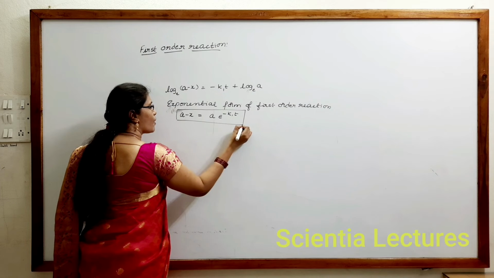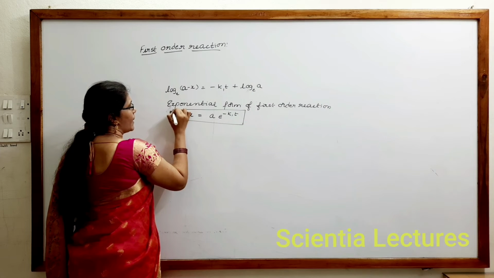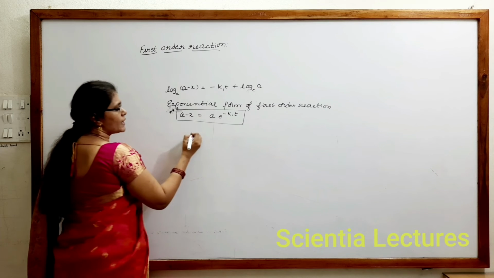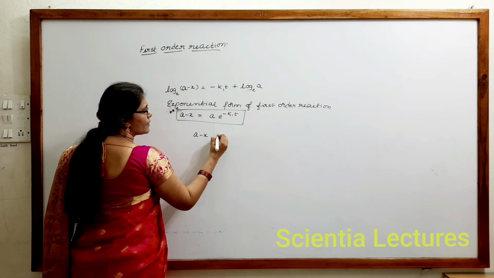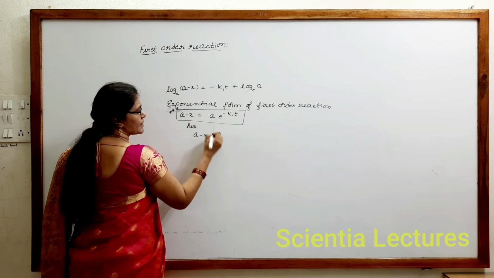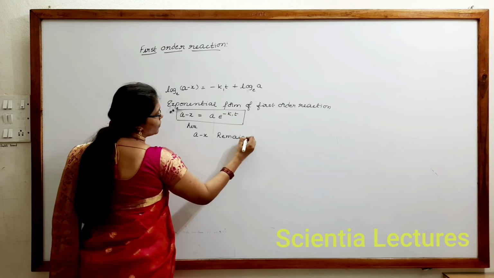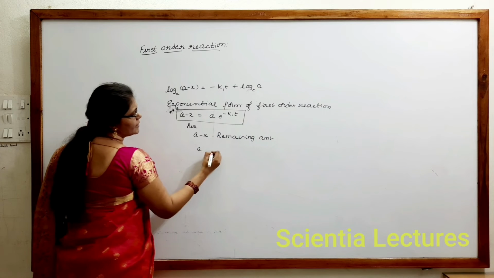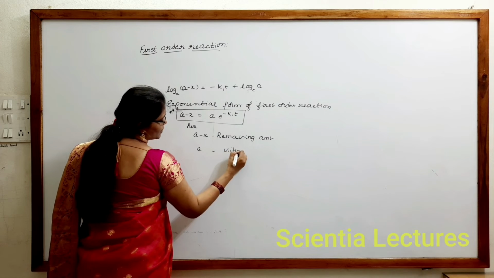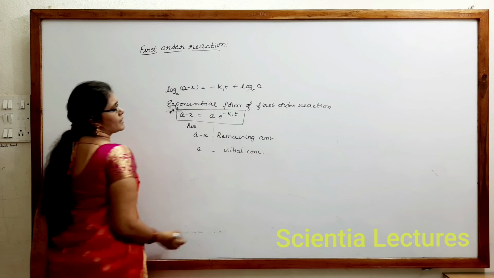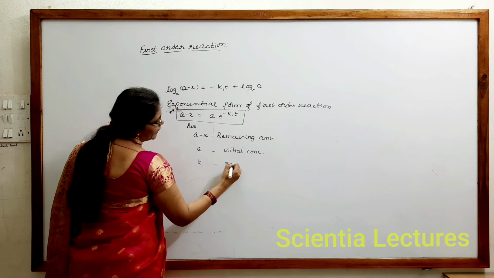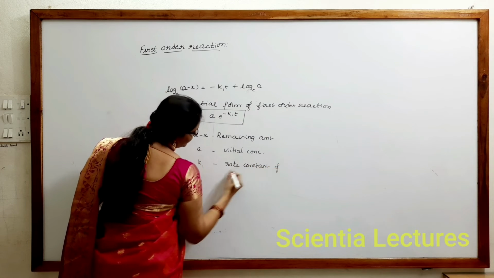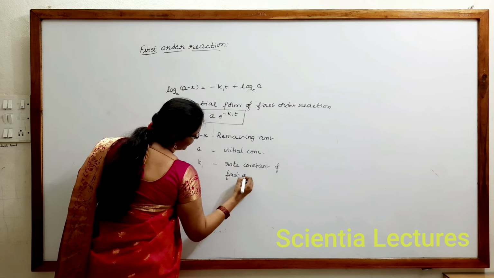So what is the exponential form of first order reaction? a minus x equal to a e power minus k1t. What is a minus x? This we already said: a minus x is the remaining amount. a is the initial concentration. Similarly, k1 is the rate constant of first order reaction.